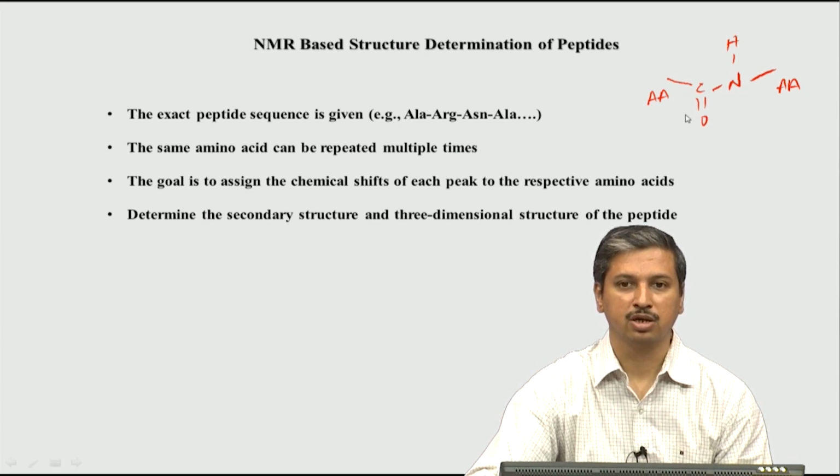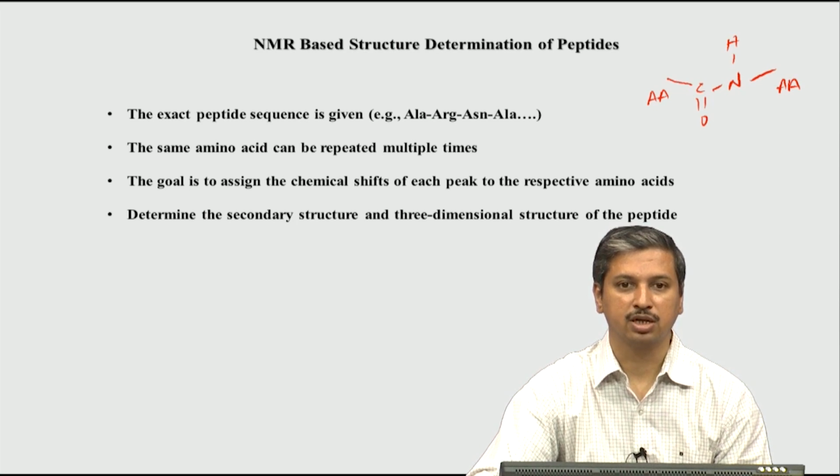So, for example, your alanine has a CH alpha and beta, which we saw in the example in the last class. There it has alpha proton, beta proton, alpha carbon, beta carbon. And of course, you have the carbonyl and amine, which we will not consider right now.